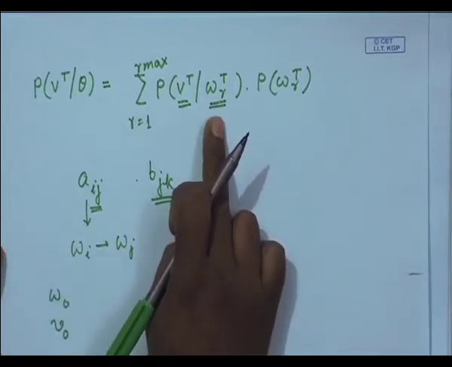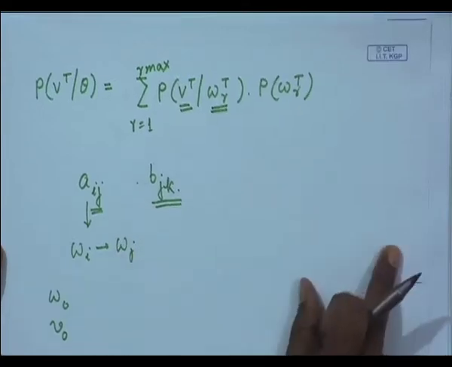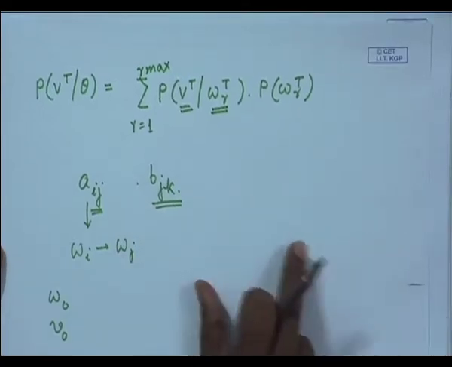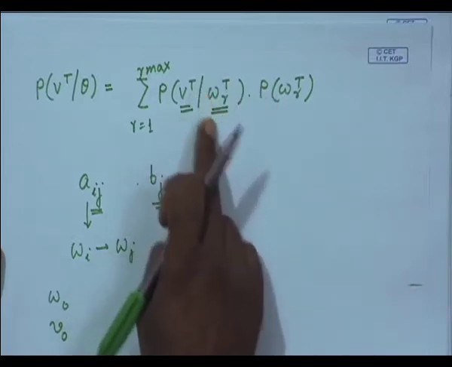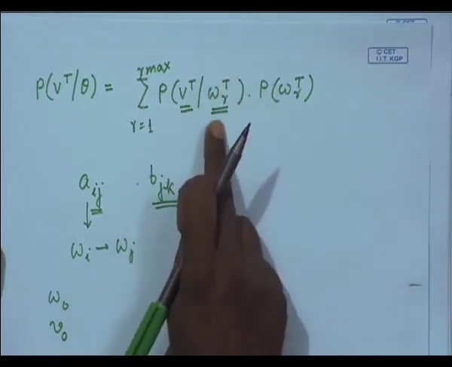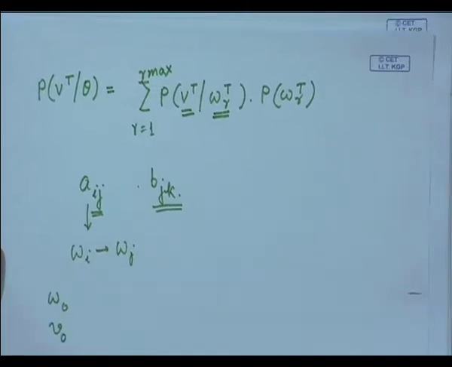Omega r is one of the possible sequences of length capital T, and I am summing over all such possible sequences of hidden states.